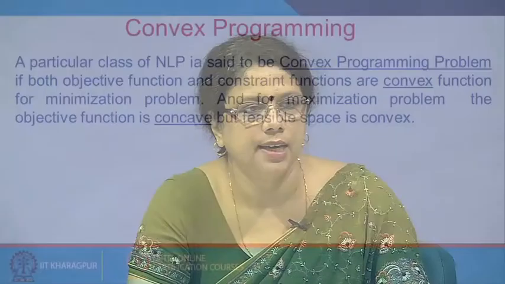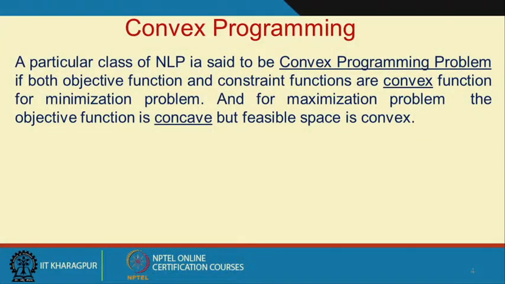If we consider a nonlinear programming problem of minimization type, if the feasible space is convex and the objective function is also convex, then the corresponding optimization problem will be the convex optimization problem. But for the maximization problem, the pattern of the objective function will be different.